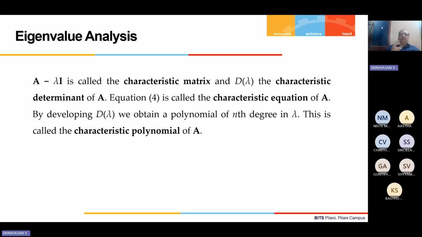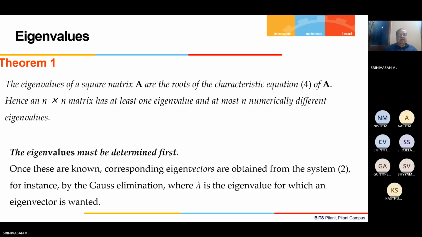This is called the characteristic polynomial of A. But since we have the equation to solve for lambda, it becomes the characteristic equation of A. The eigenvalues of a square matrix A are the roots of the characteristic equation 4 of A.